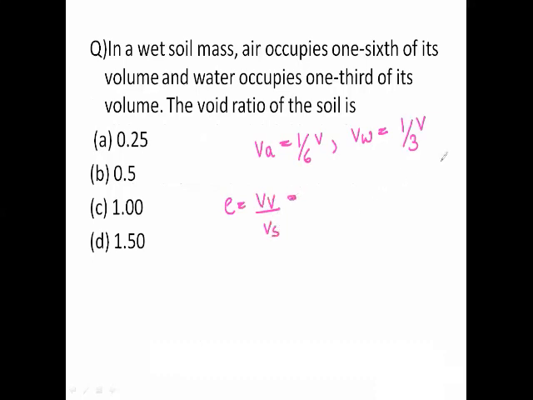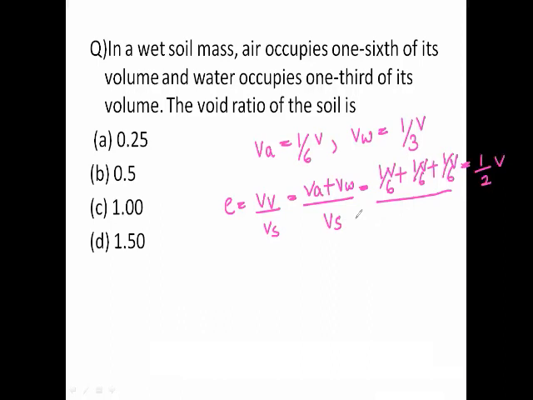The volume of the voids is the volume of the air plus the volume of the water. 1/3 is nothing but 1/6 plus 1/6. When you add them together, it will become 3/6, that is 1/2 times of the volume.